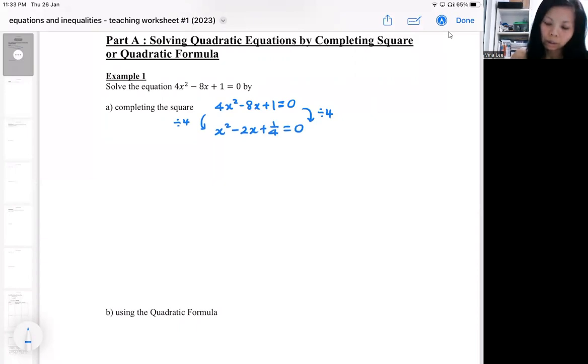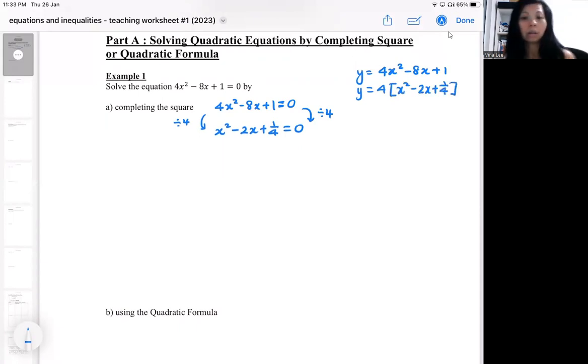Just take note, if it's an expression, so this is called an expression, you cannot divide by 4. You can only factorize out 4. So there's a difference between a quadratic expression and a quadratic equation. This is an expression.